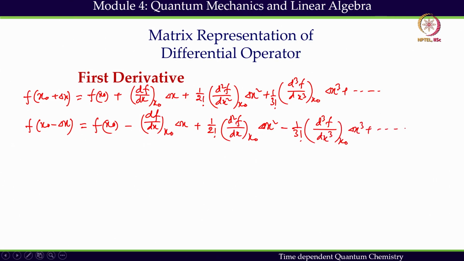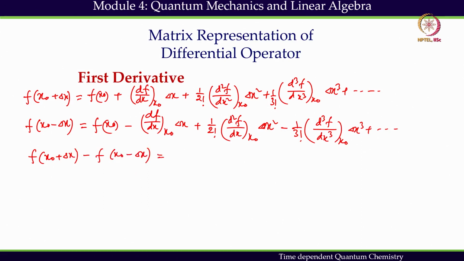So if we subtract these two expressions, what we get is f of x naught plus delta x minus f of x naught minus delta x.